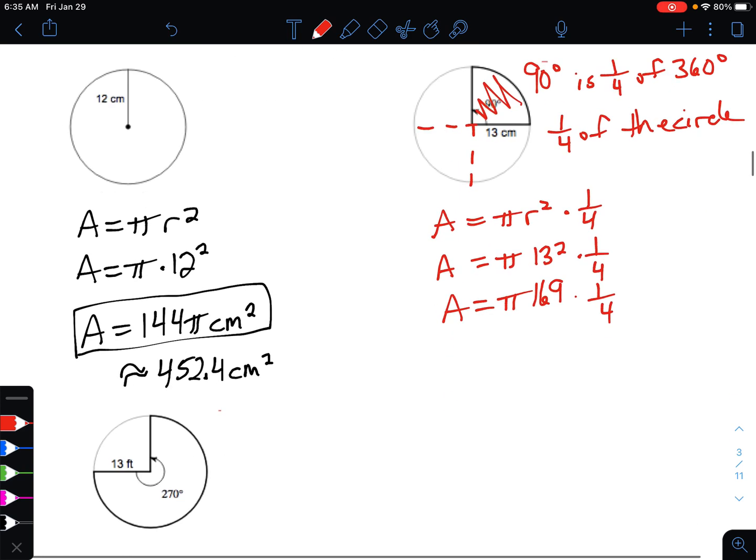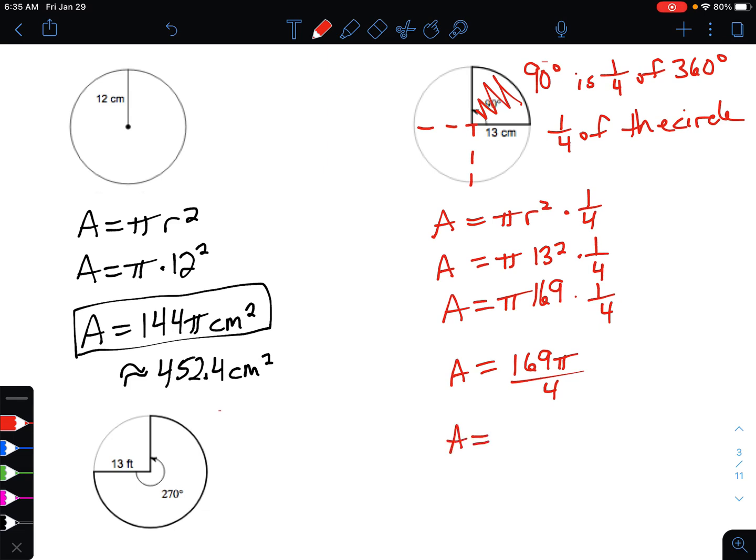Multiply by 1/4. And then to make this look a little bit cleaner, the 169 and the pi are going to multiply with the 1. The divided by 4 is going to stay in the denominator. So our final answer here is going to be 169 pi over 4. Which we can simplify just a little bit.